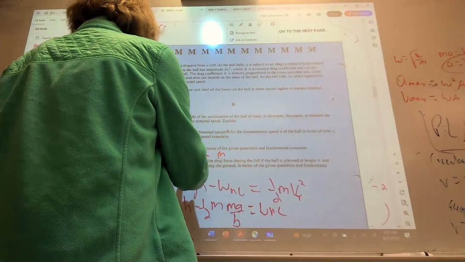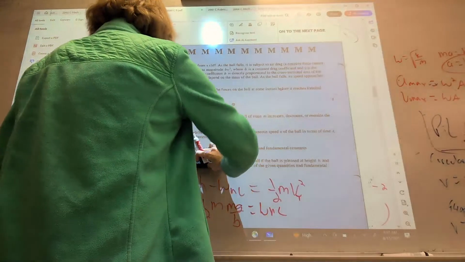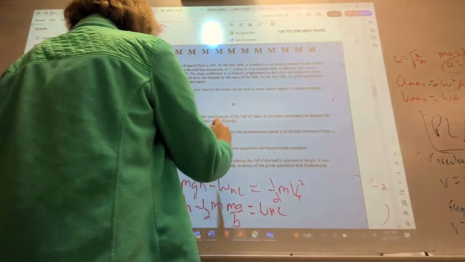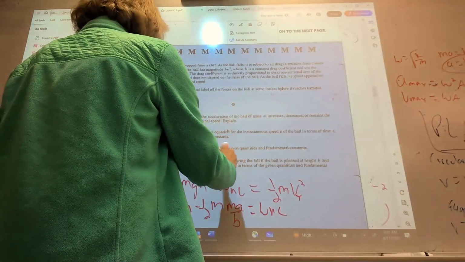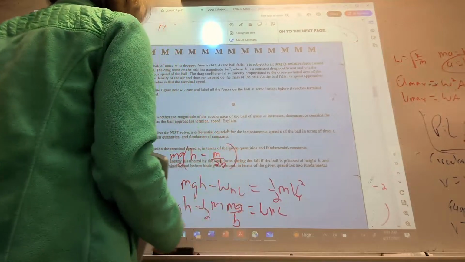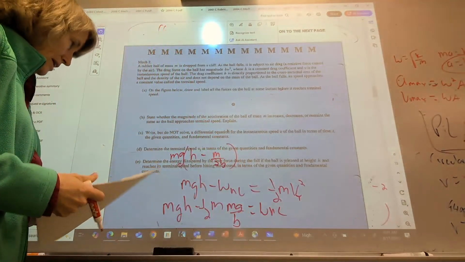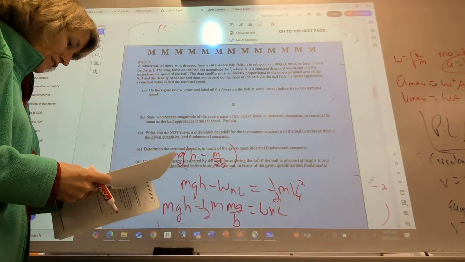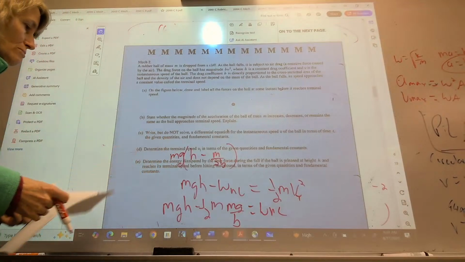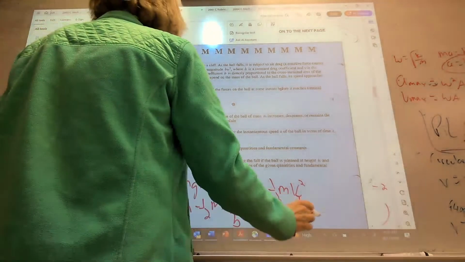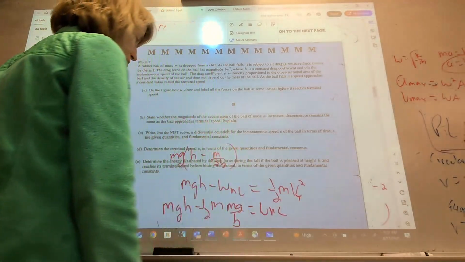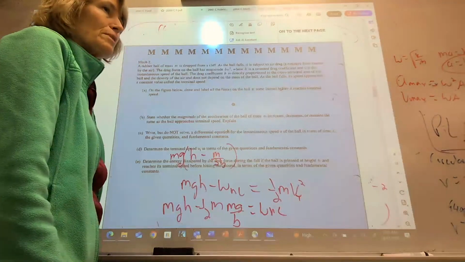I could pull out a g also. So I pull out an m and a g, and I have h minus m over 2b. But you can't cancel anything unless you want to multiply everything by 2. If you multiply both sides of the equation by 2, then you have a 2 there. So that's about all you can do.